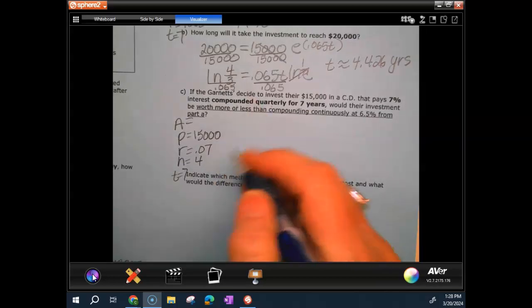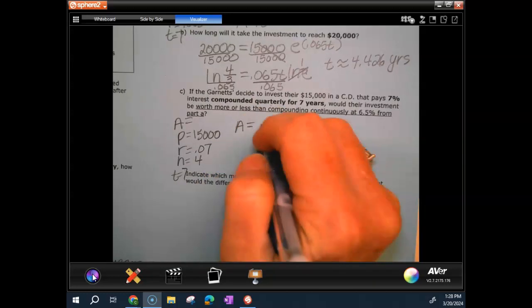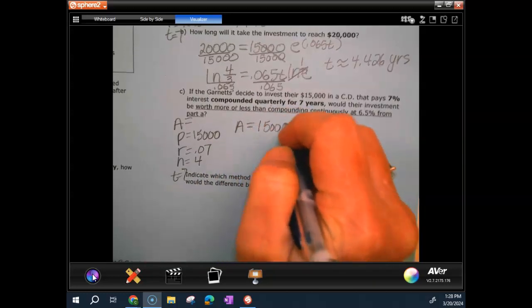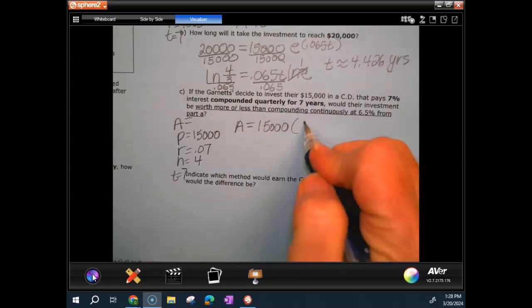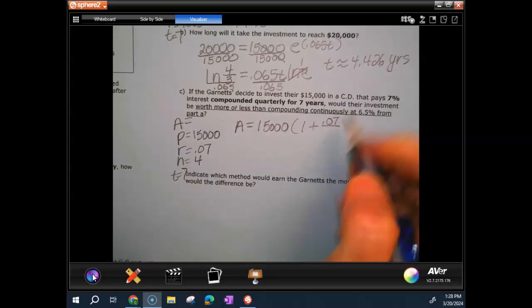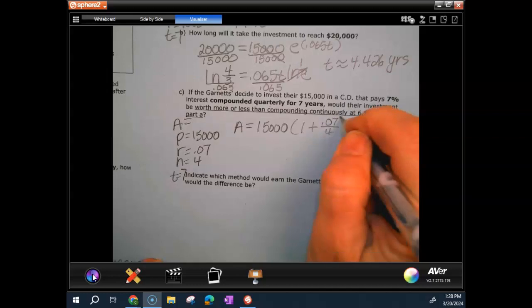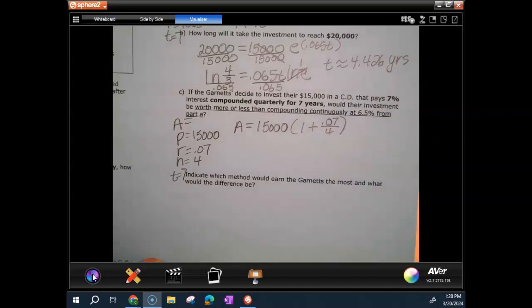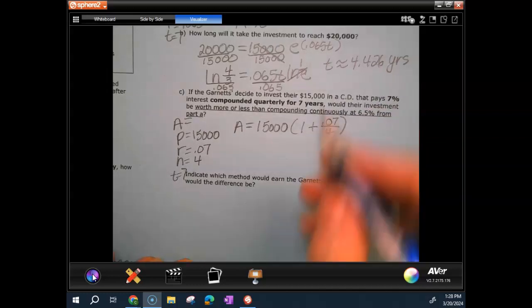Okay, so let's see. So I'm going to get A equals 15,000, and I get 1 plus 0.07 divided by 4 raised to, and then it's 4 times 7, right? So it's 28 up here.